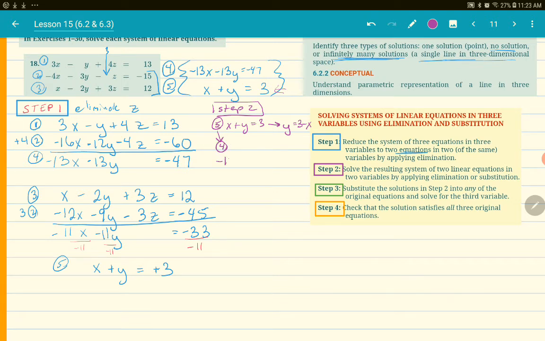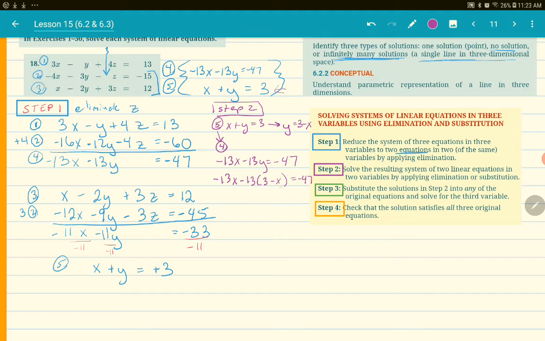So write my equation 4. I have negative 13x minus 13y equals negative 47. Plugging in my 3 minus x for y, I get negative 13x minus 13 times 3 minus x equals negative 47.